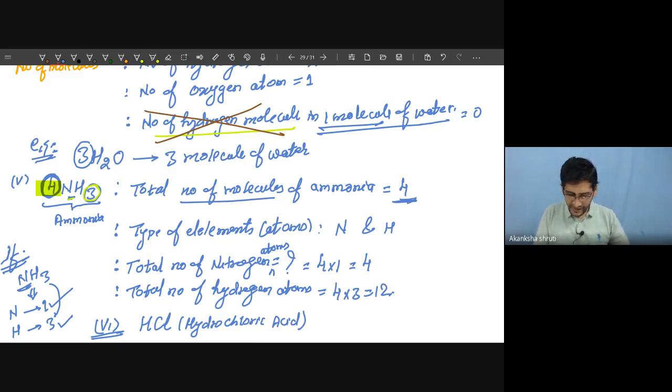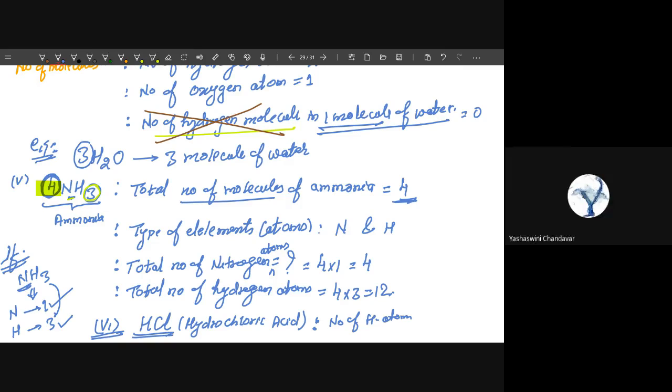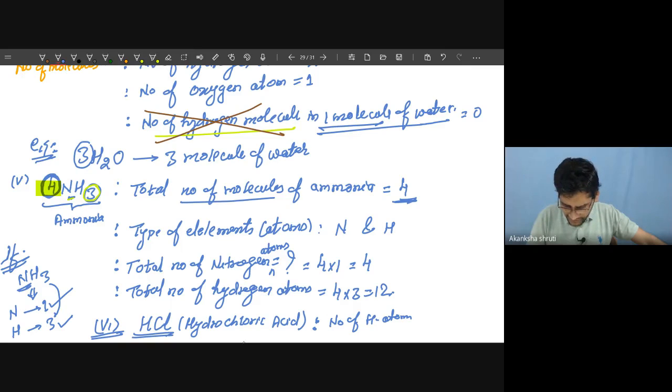Students, here we have to keep in mind, for hydrochloric acid, what does this HCl represent? It is one molecule of HCl, entire one. But it may be asked, how many hydrogen atoms are present here? Number of H atoms? 1. Good. Nothing is written after H. It is 1.